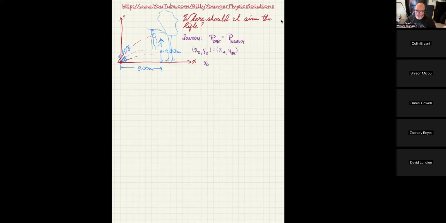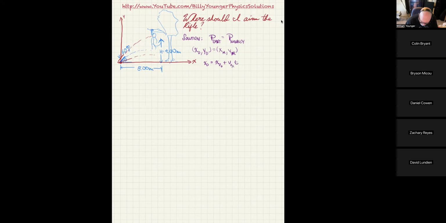That means the horizontal position is just given by the horizontal component of the projectile velocity times the time, plus the initial x zero. So x for the dart should be equal to x dart 0 plus v 0x times t.